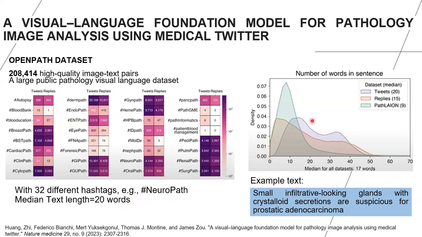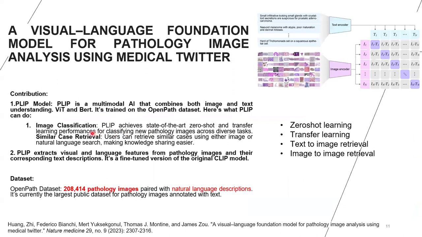The average over the whole dataset is 17 words, with replies approximately 15 and tweets 20. For example: "Small infiltrating glands with calcific extrusion are suspicious for prostatic endocrine." That is how they obtained the text and pathology images by curating from Twitter.